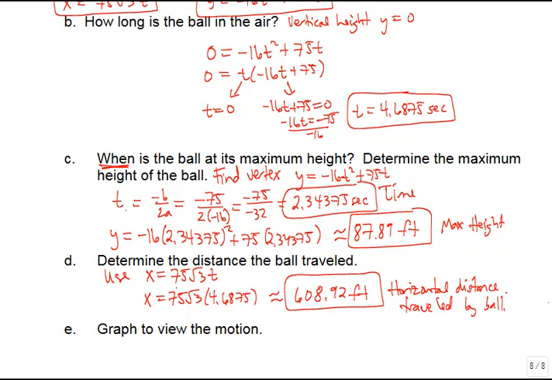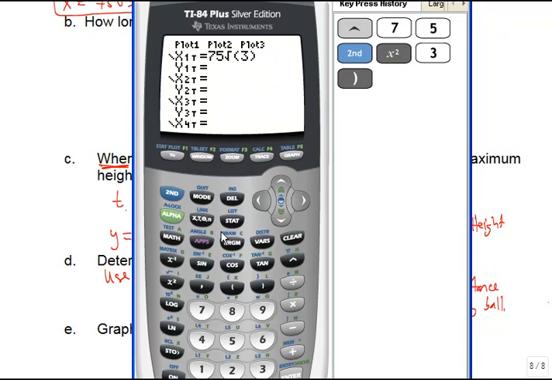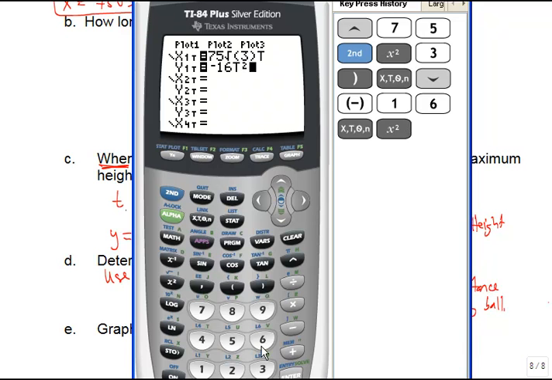Okay, to finish up, we're just going to graph this motion on our calculator. So if we pull up the calculator, first we're going to type in our equations, and remember our x equation was 75 square root of 3 times t, and our y equation was negative 16 t squared plus 75t.